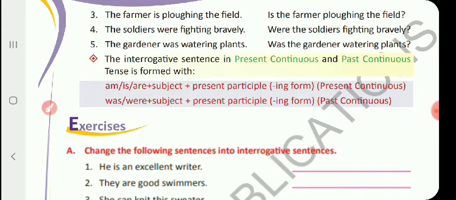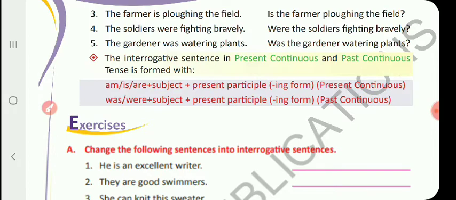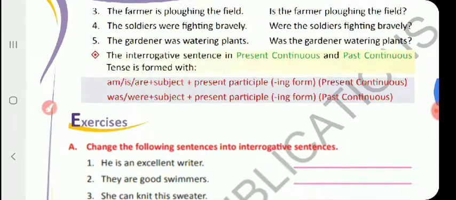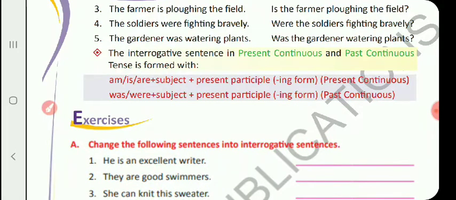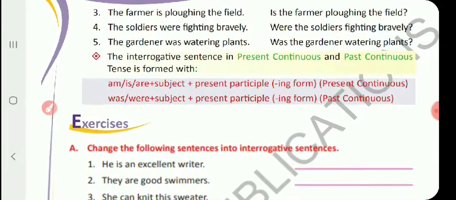I repeat, in past continuous tense, if the subject is plural, take the plural helping verb were plus subject plus present participle form of the verb.